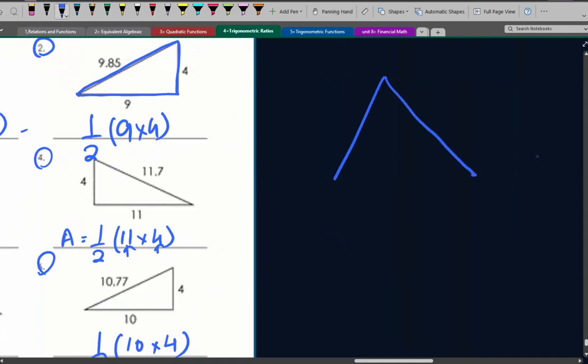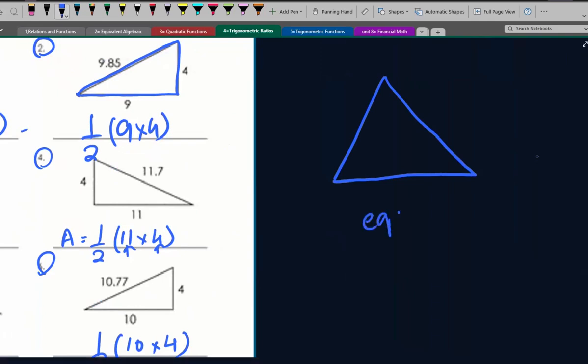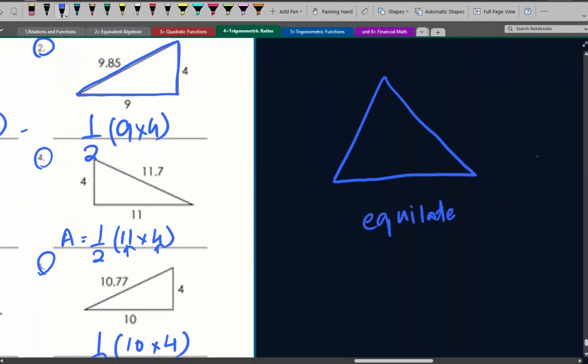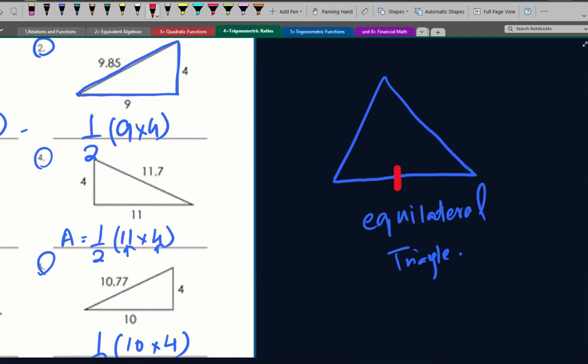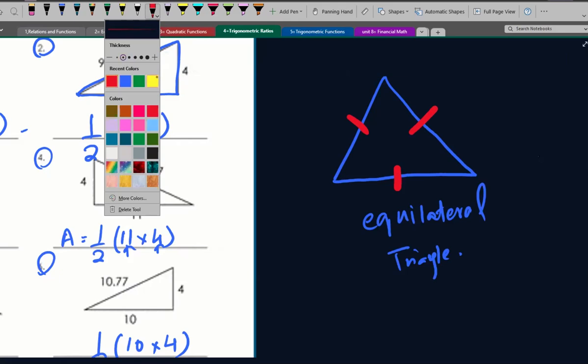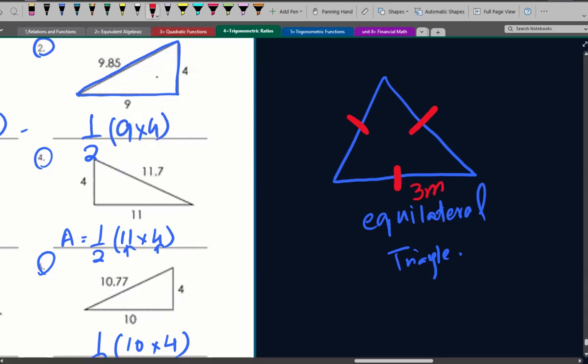So if I have an equilateral triangle here, by equilateral triangle I mean all the sides are equal to each other, and if I give you the length of one side only, that is 3 meters, what do you think?